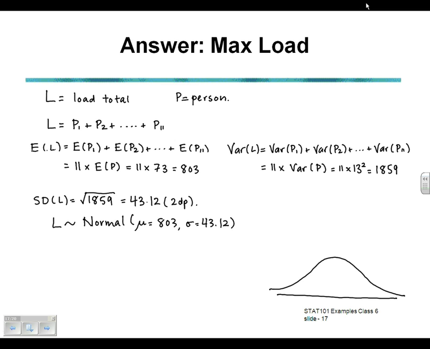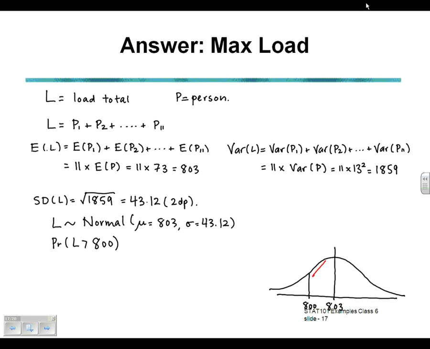And because we're looking at the load as the distribution here, we need to calculate the probability of being over capacity, over the maximum load, and that means the probability that the load is bigger than 800 kilograms.